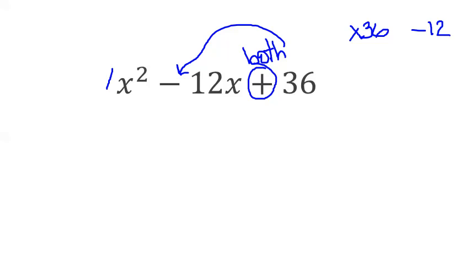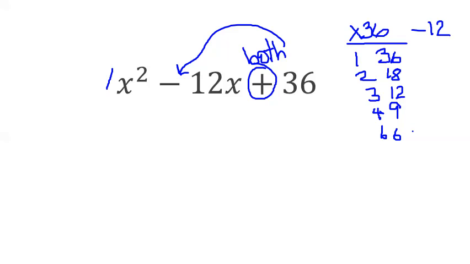We look at 36, that's a perfect square. If we multiply to get 36, we can think of all our different factors, 1 and 36, 2 and 18, 3 and 12, 4 and 9. But when we get to 6 and 6, we know that it adds to 12. And then if we make both negative, we get a negative 12. So that's our combination that you want to use.